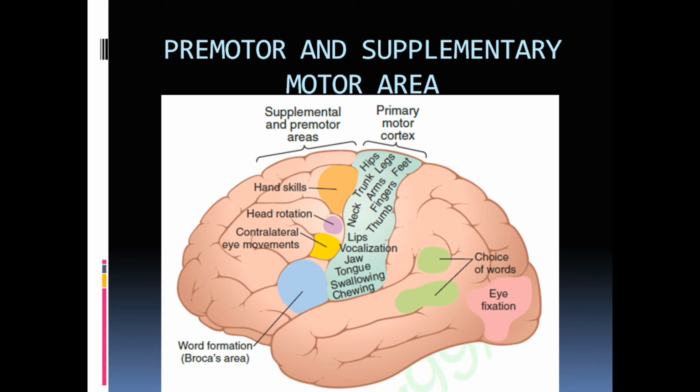Then comes the area of head rotation, which is responsible for rotation of the head, and hand skill, that is the fine motor action of the hand. These are the specialized areas which help in the special important functions from the brain.